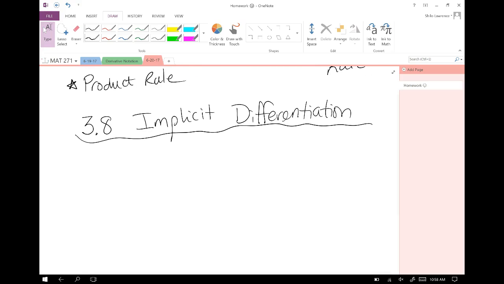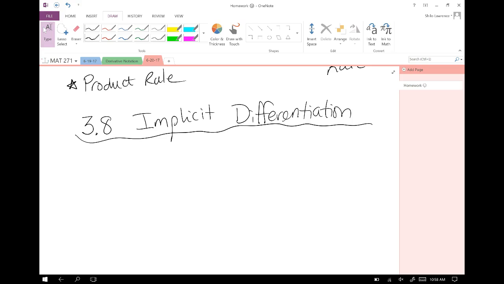Everything we've been doing to this point has been explicit. You may be familiar with the term explicit, just like in everyday life in English, not really necessarily in math terms.